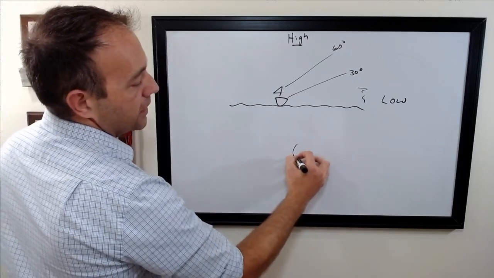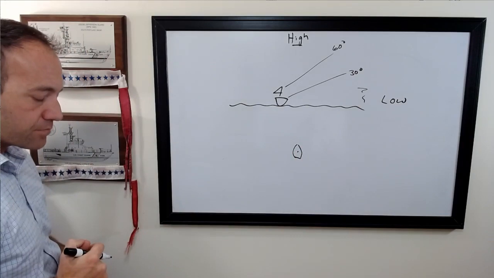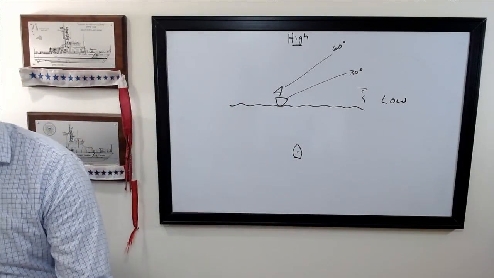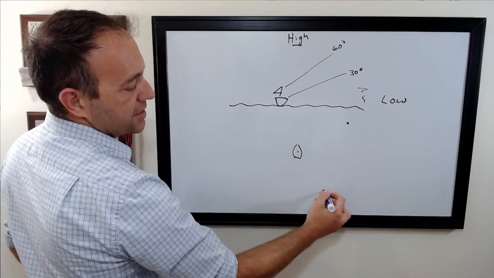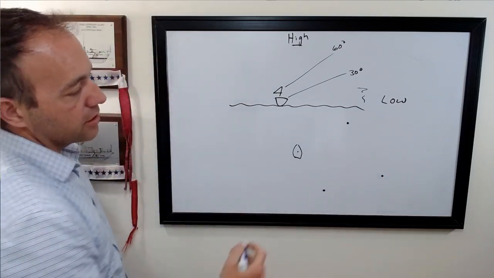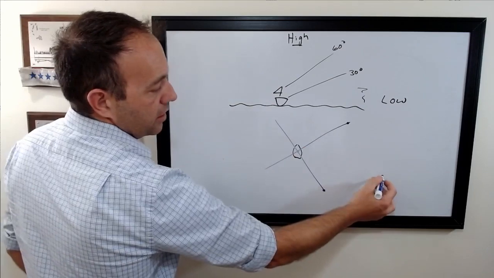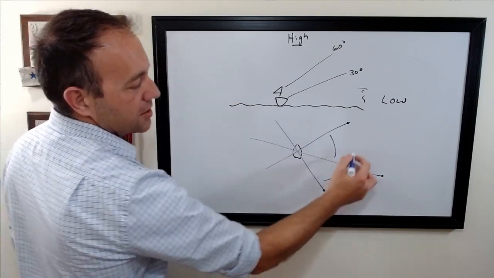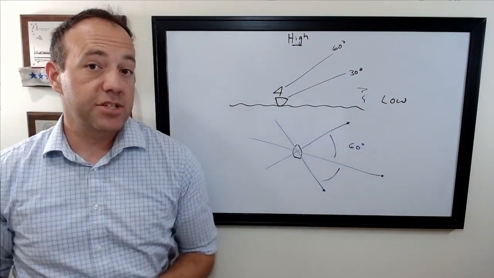The other thing is, if you think about your boat from above, now we're looking down from the sky. When you plot these lines of position from different stars, you want them spread out throughout the sky. We get one line of position from this one, and one from this, so you get a nice spread of the stars. Usually about 60 degrees of spread horizontally is good.